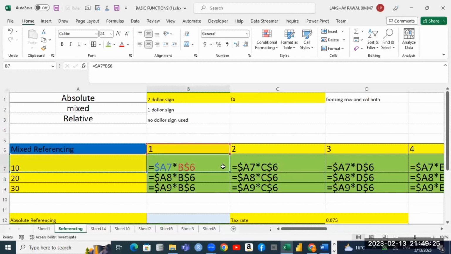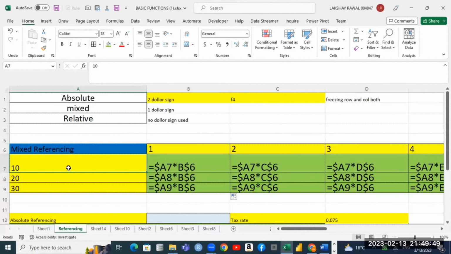When I'm writing any formula and dragging downwards, first find out manually. If you want to multiply here, it should show 10 ones are 10, then 20 ones are 20, 30 ones are 30.